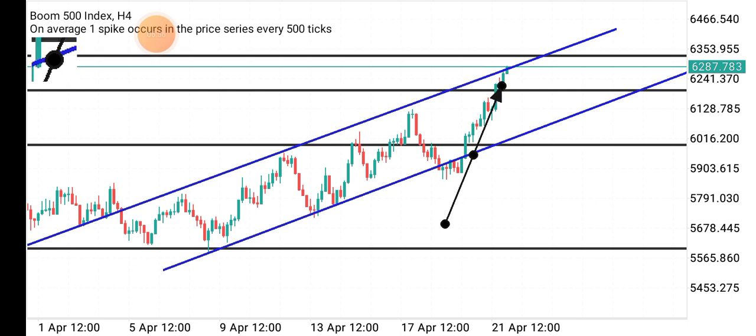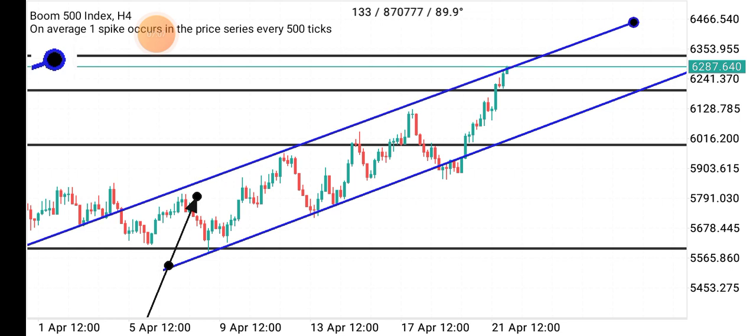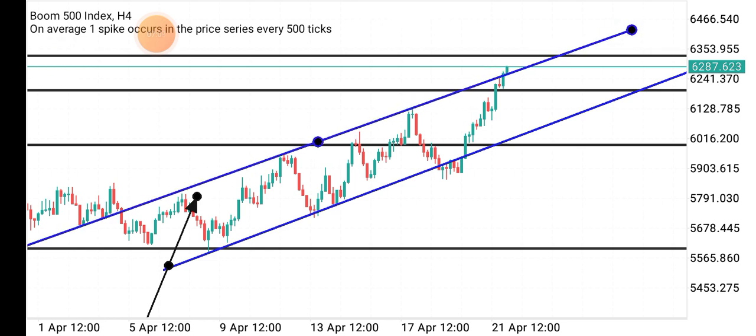Maybe it can just create a kind of fake out, because this is actually the trend line that the market was moving below. Market was guided on it. So this is the trend line, and the market has somehow broken above it.